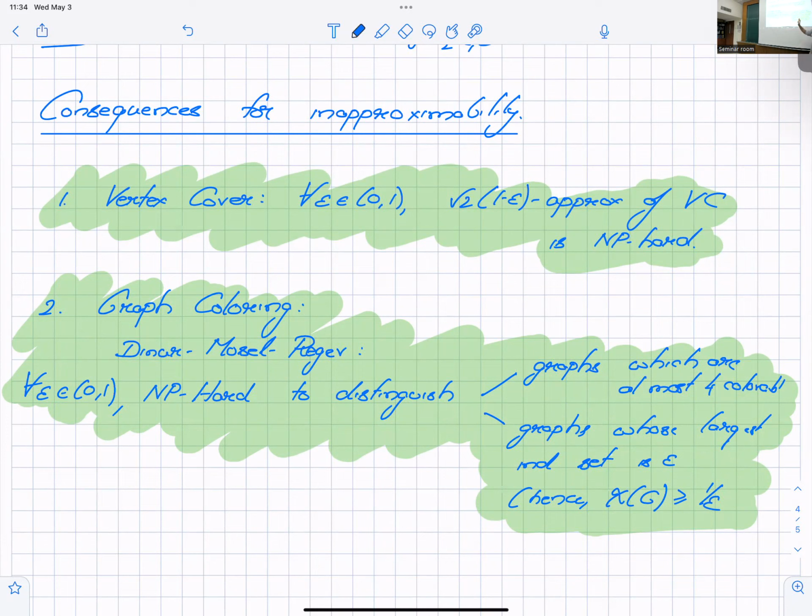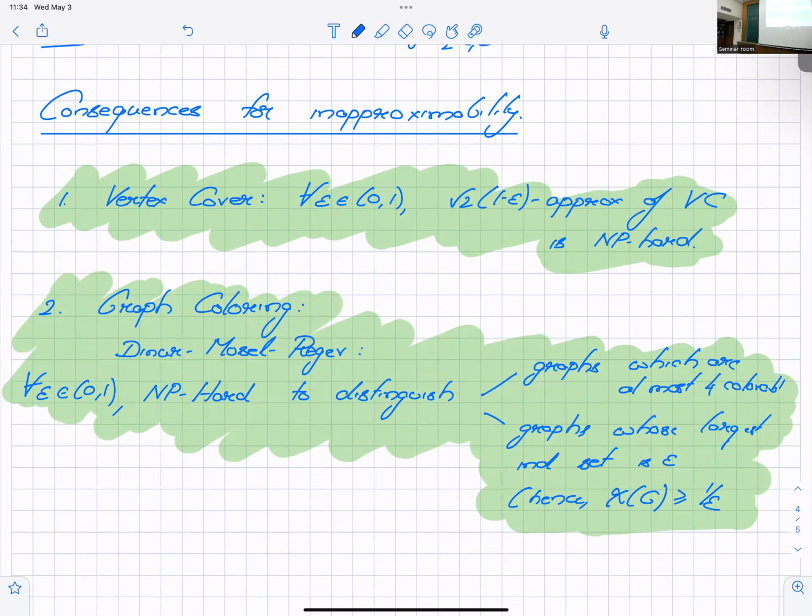By the way, things are a little better if you go to hypergraphs. That is, not graphs, but hypergraphs, and ask for coloring. I think the current best result is by Girish.